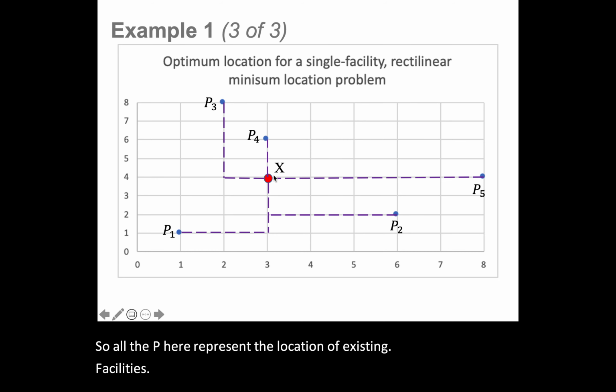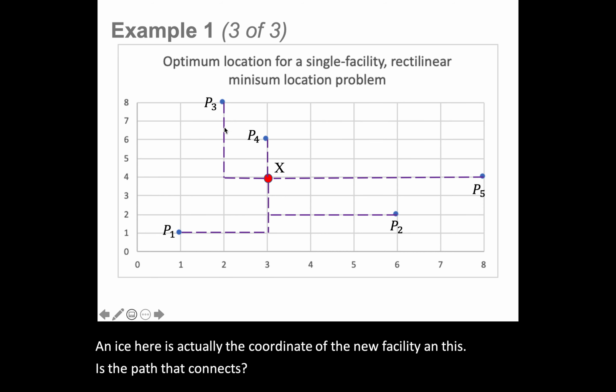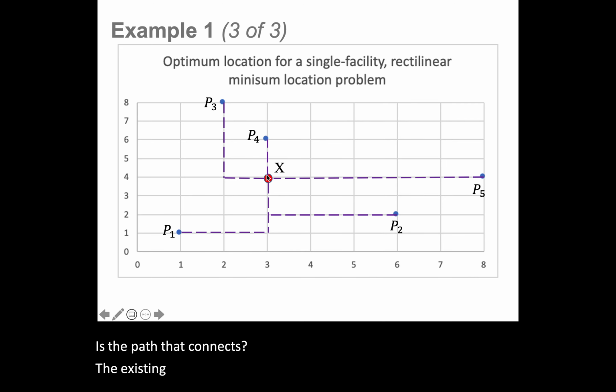And X here is actually the coordinate of the new facility. And this dotted line is the path that connects the existing facility to the new facility, okay.